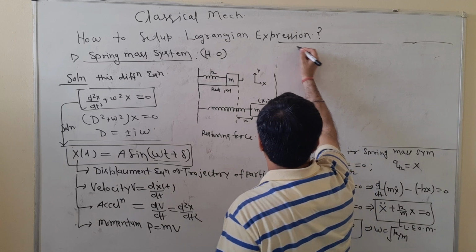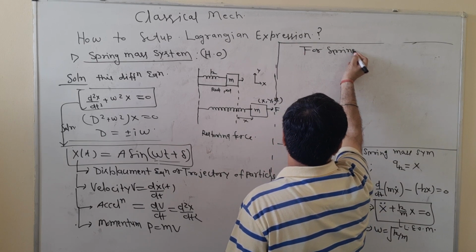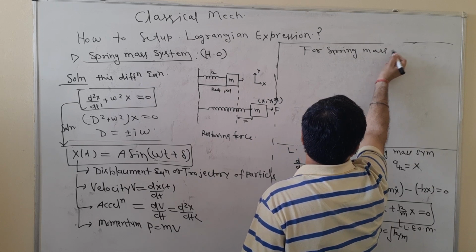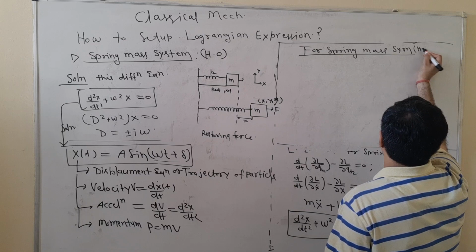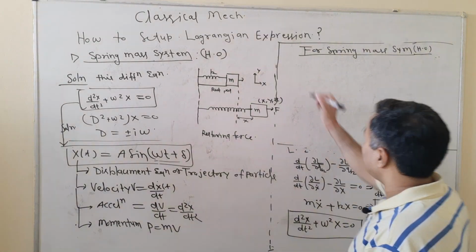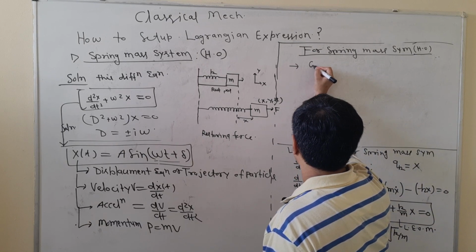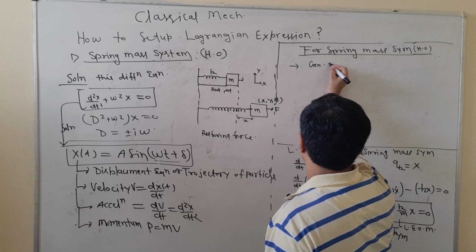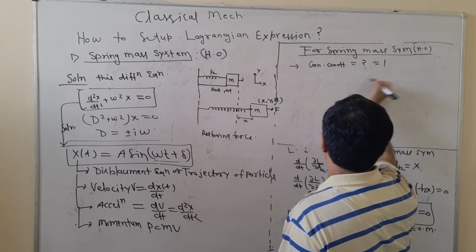So, the equation of constraints for a spring mass system, which is also known as a harmonic oscillator. Why is it a harmonic oscillator? Because it executes simple harmonic motion. So there are so many questions. Generalized coordinate, which is 1.